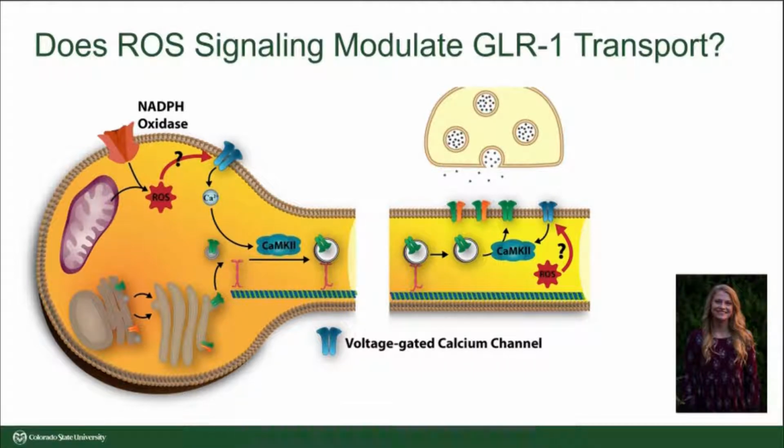And what Rachel's actually been able to find is that when you do have increased ROS levels, you have decreased transport here, which we think has something to do with the calmodulin pathway. I won't spoil it too much. Hopefully you guys can keep up with that project, because we're hoping to get that one and mine out here pretty soon.